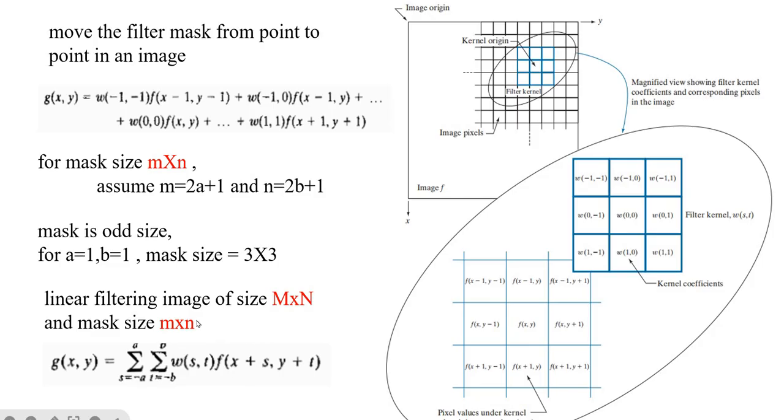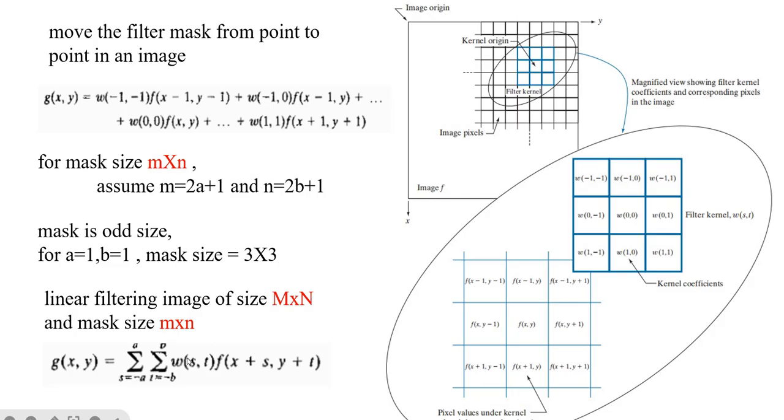You can calculate the value of a from this equation and the value of b from this one. So a will be (m minus 1) by 2 and b will be (n minus 1) by 2. We will consider this as the first equation and this as the second equation.